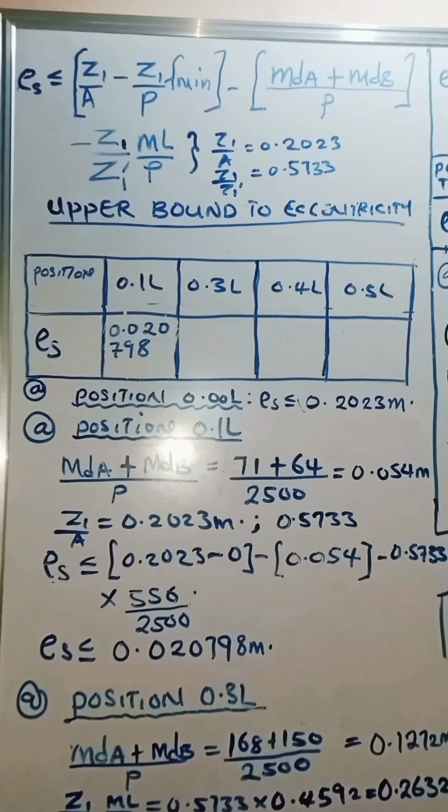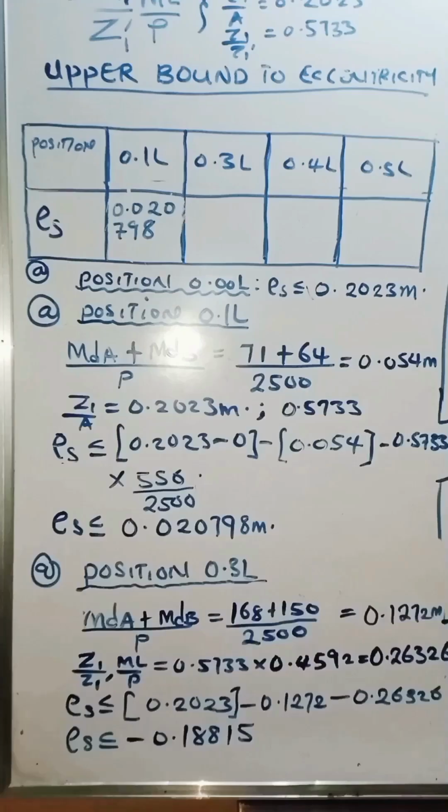0.020798 meters. At position 0.3 L, we have the eccentricity to be negative 0.18815 meters. All right.